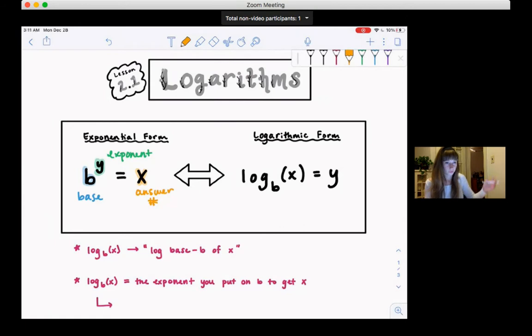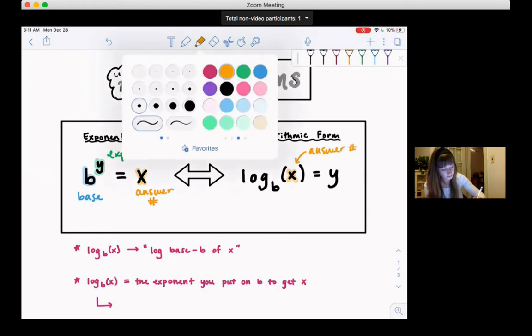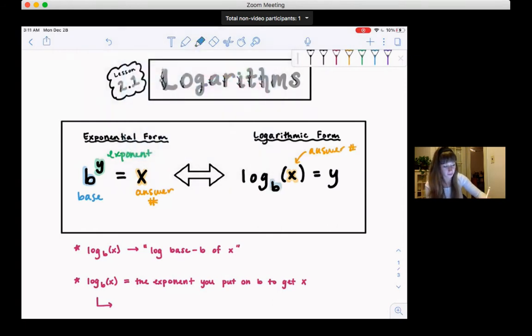Okay, if we rearrange these a little bit, we can get a logarithm. So for logarithm, b, x, and y are still the same. So now the answer number is over here inside the logarithm. The base is kind of still where you would expect it to be, sort of like in a bottom position.